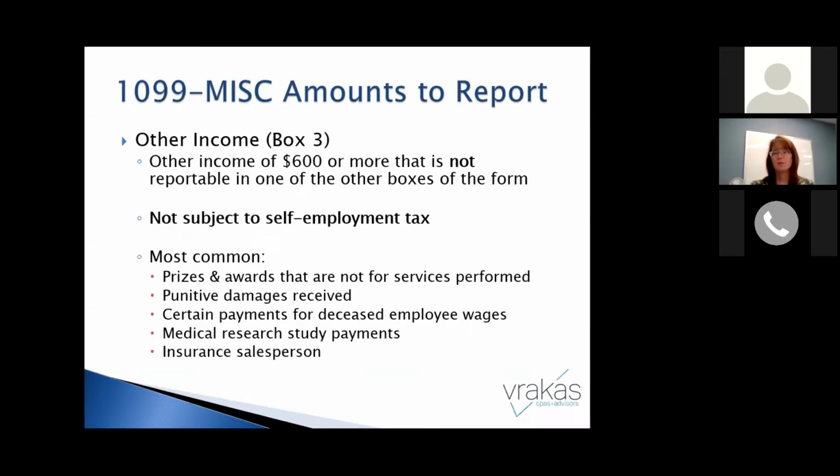When it says prizes and awards for services not performed, this could be not a raffle, but if you won a lawnmower at a church auction, it's kind of a bad example, but if you won something, but you're not an employee, you weren't gifted, you won that lawnmower and they had to report the income to you, it would go to this 1099 miscellaneous box 3.